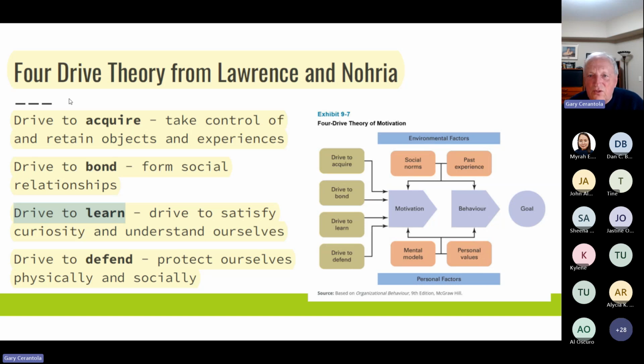So this four drive theory is really a good place to learn more about how you can affect behavior in people based on their unique drives, and what their predominant drives are, depending on their personalities. And that's why it's so important, within the context of the law, to profile people to really understand what's in it for them, to get the most out of their desire to align with the organization.